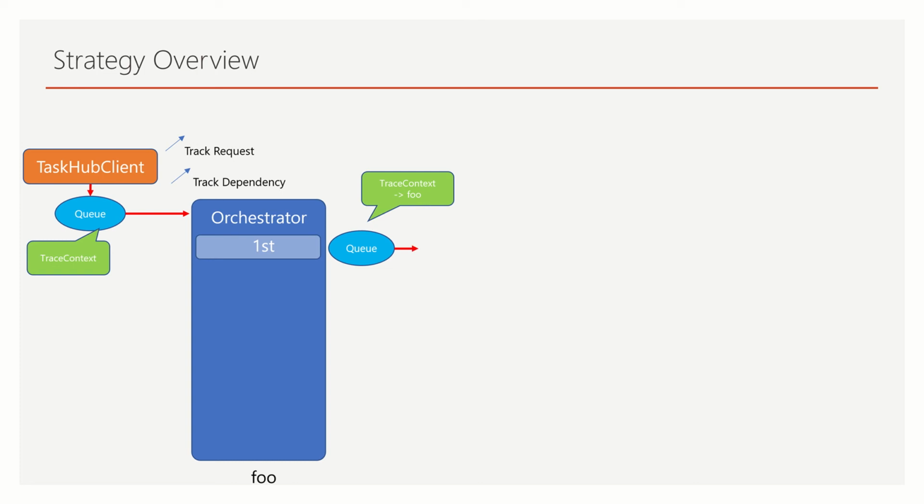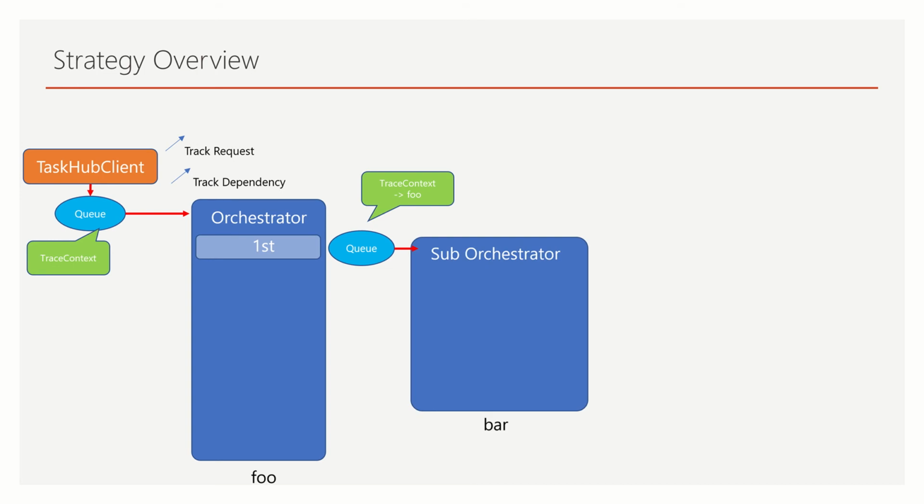Then it is put in the queue, and then the sub orchestrator, for example, runs. When the sub orchestrator executes for the first time, it also creates a new trace context for the sub orchestrator, bar. In this case, the trace context has a stack structure. The first one is foo, the first orchestrator.